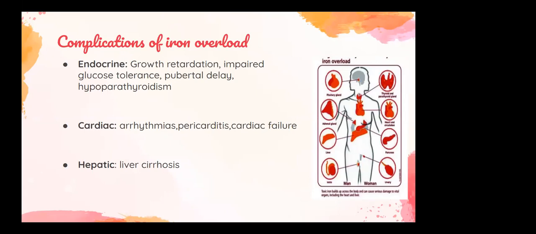You need to do a specific MRI, T2 star. Not all MRI machines can do this. So you need to do a specific MRI T2 star to look at iron deposition in the liver, in the cardiac, and also in the brain.